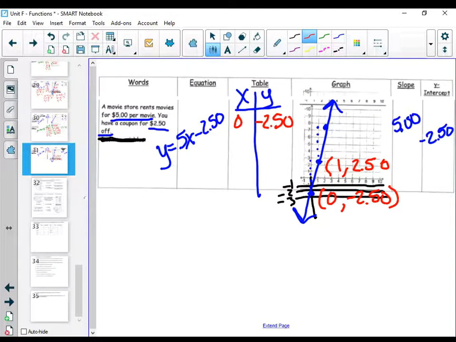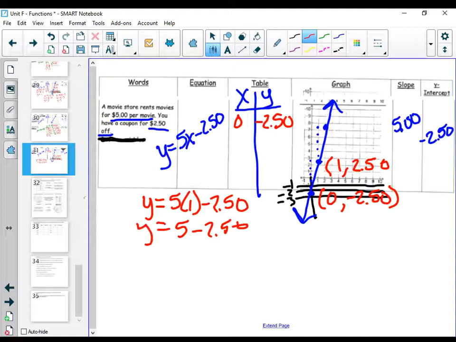So if I know a movie costs $5, so y equals 5 times 1 minus 2.50. $5 would be for one movie, but I get to take off 2.50 because I have a coupon. That means I'm going to be left over with 2.50. So y equals 2.50.